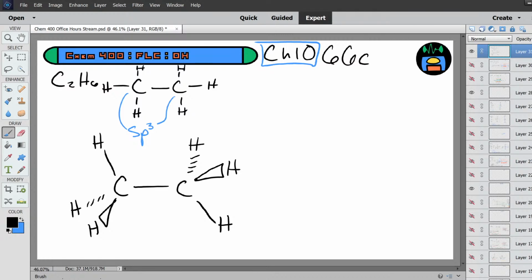Let's go ahead and draw the overlapping orbitals showing all the bonds. So we have our carbon-carbon sigma. We're going to have now a lot of carbon-hydrogen sigmas.